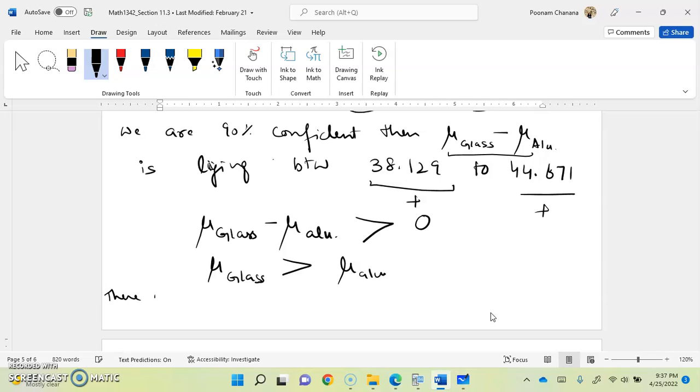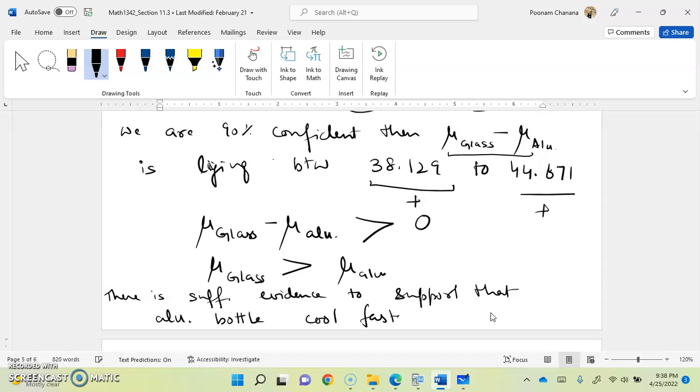There is sufficient evidence to support that aluminium bottles cool faster than glass bottles. So we can also use a confidence interval for testing this way. We are accepting the claim.